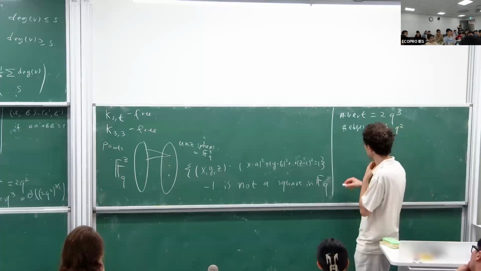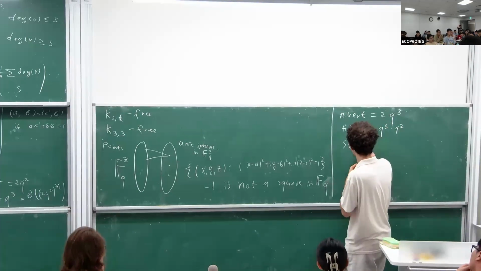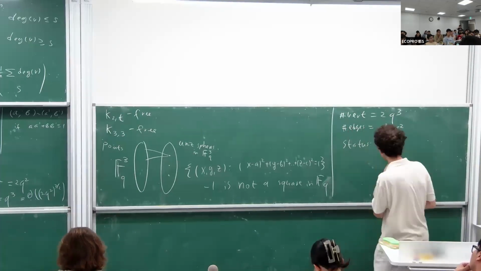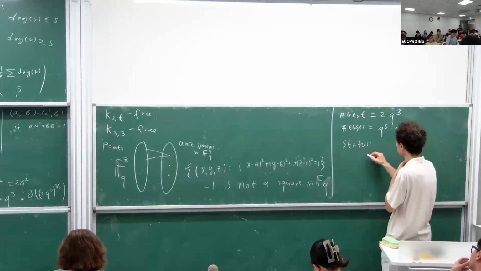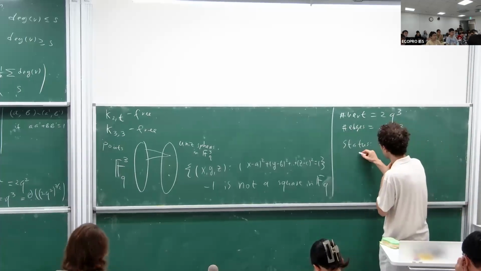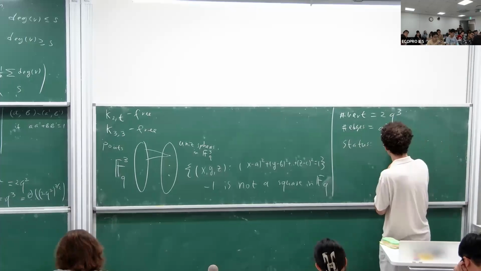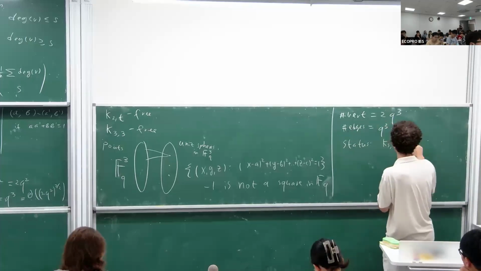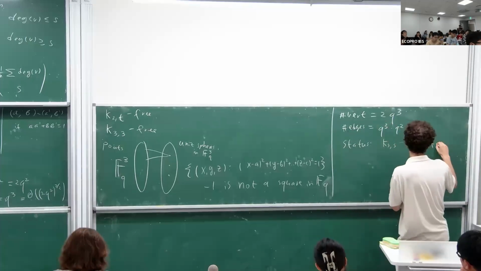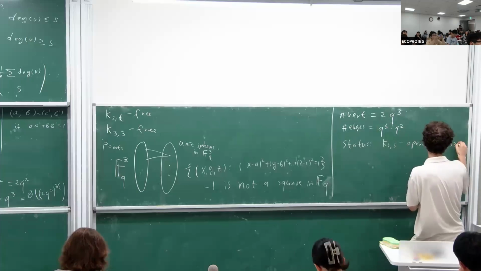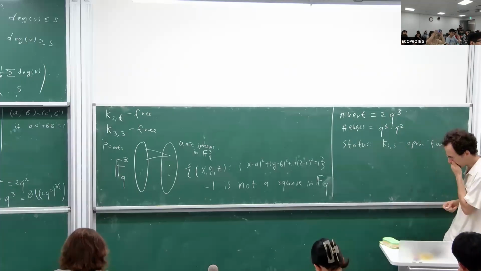So the status is as follows. K_{S,S} is open for S = 4, in particular for K_{4,4}.